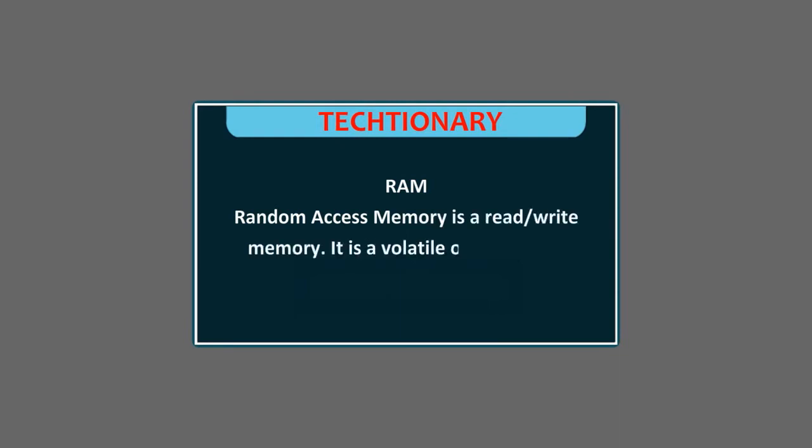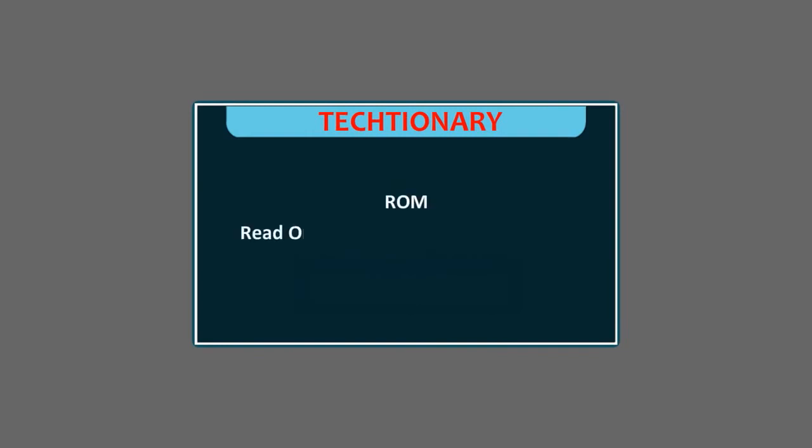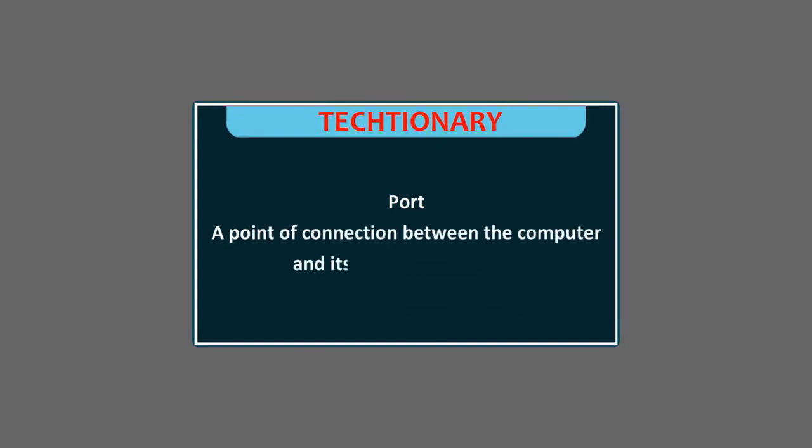It is a volatile or temporary memory. ROM. Read-only memory is a non-volatile or permanent memory. CD-ROM. Compact disc read-only memory. DVD, digital video disc or digital versatile disc. Port, a point of connection between the computer and its peripheral devices.